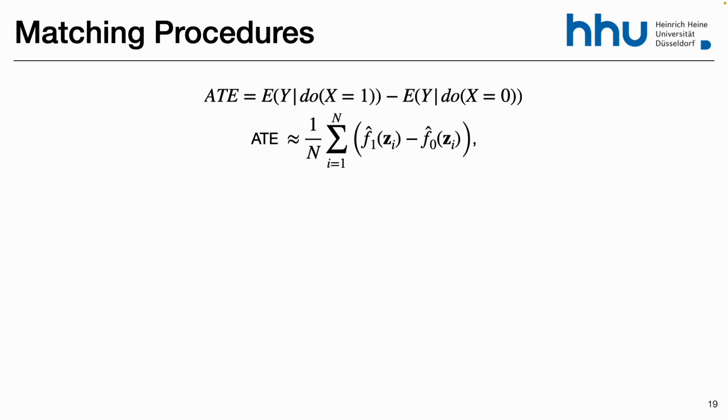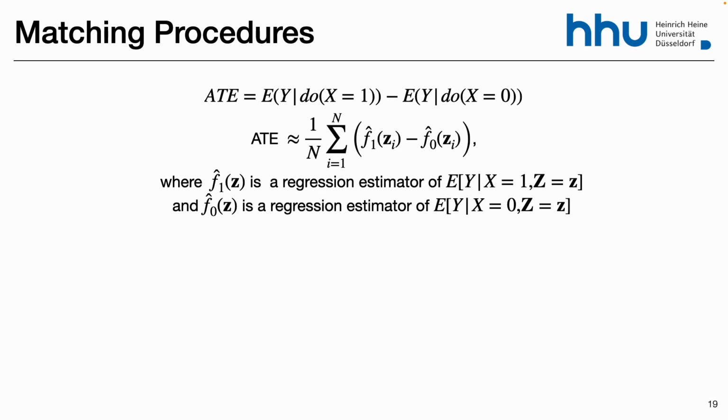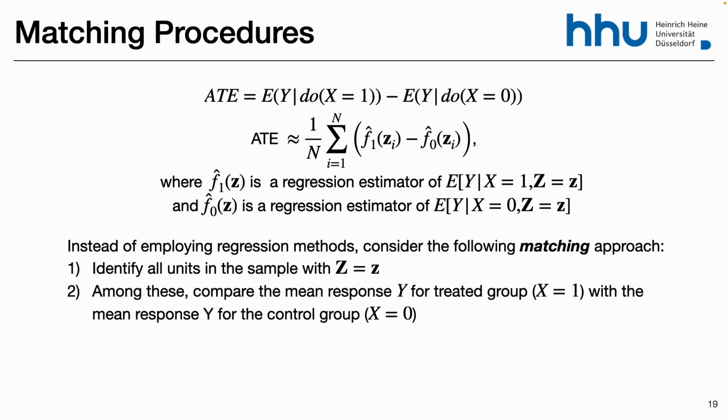Okay, so now we have another type of procedure called the matching procedure, which is not using regression. The problem is still the same. I'm just copying here from before. We just saw a procedure that uses regression for each of these functions.